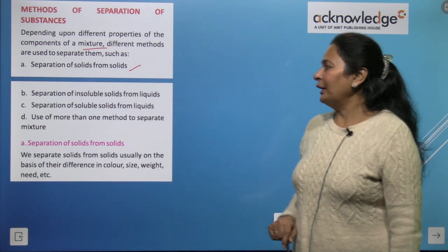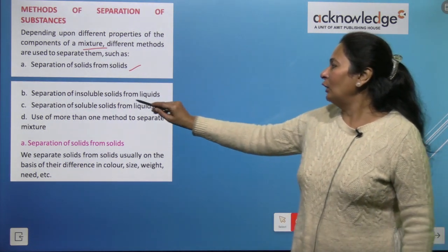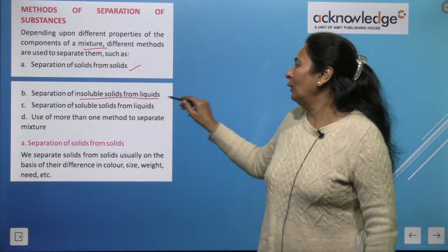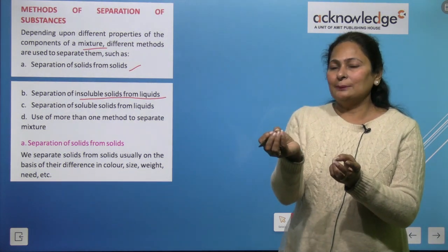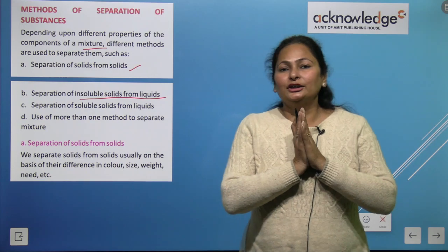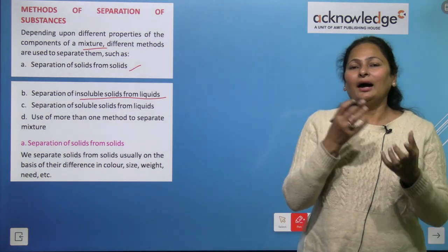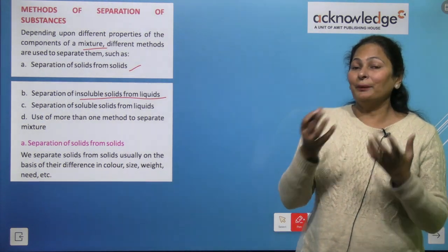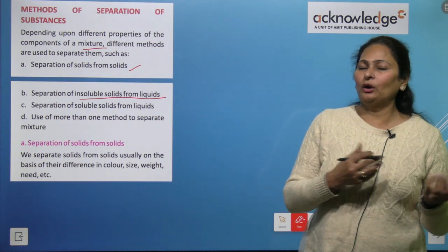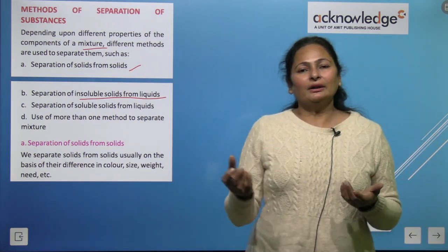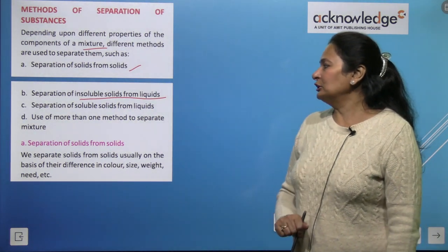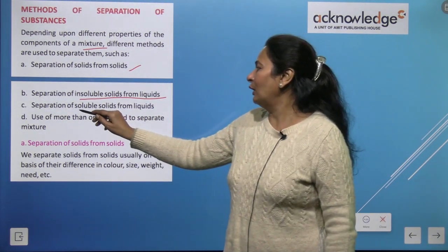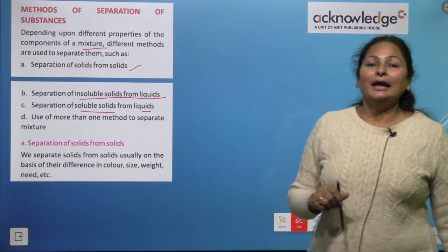Now, separation of insoluble solids from liquids. Some solid substances that are not dissolved in water, and it is mixed with any liquid, not only the water, with any liquid. So there are some different methods. Separation of soluble solids from liquids.